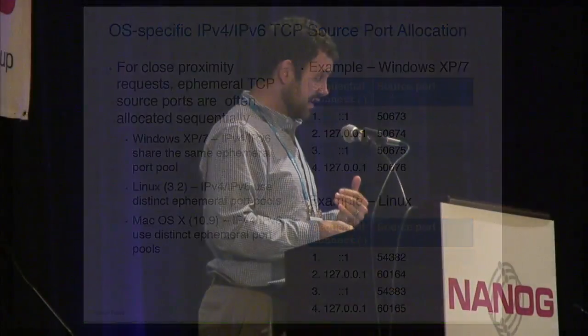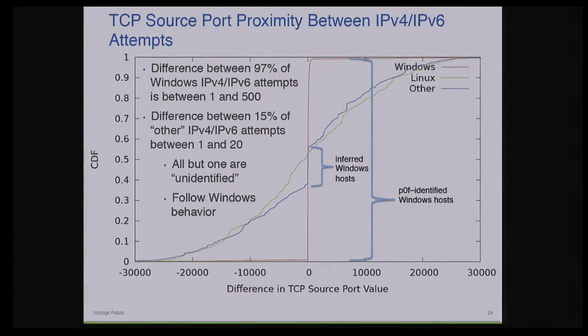So if I show this graph right here, and I apologize, this might be a little hard to follow, the middle line that goes up in the very middle is a distribution representing a jump for Windows machines in the difference between the source port of the associated v4 and the source port of the associated v6. 97% of those had a difference between 1 and 500, which closely correlates to the behavior we would expect from a Windows machine.